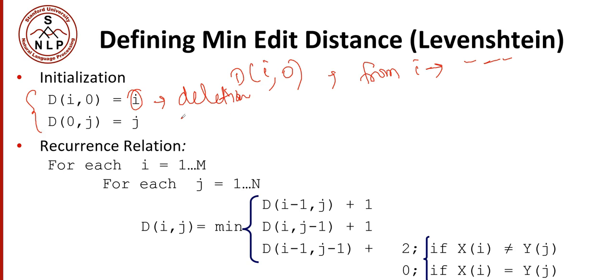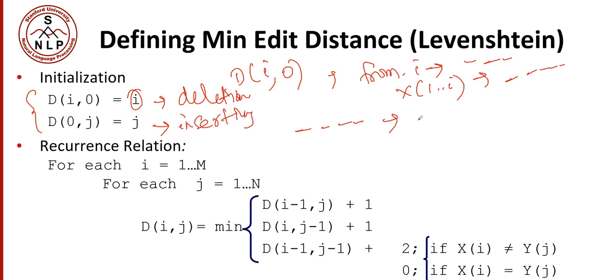And similarly, D(0,j) means we need j insertion operations to go from null to y[1..j].